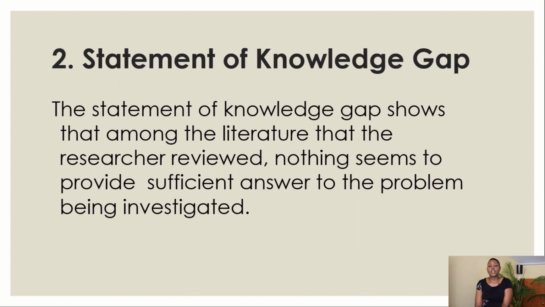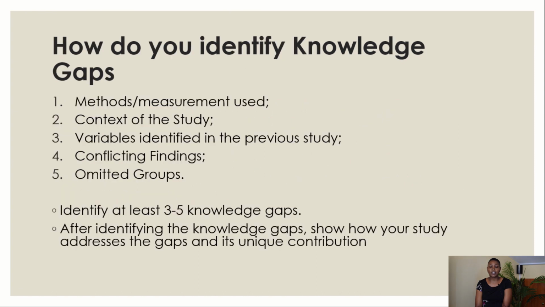Information number 2 that should be in the statement of the problem is the statement of knowledge gap. The statement of knowledge gap shows that among the literature that the researcher has reviewed, nothing seems to provide sufficient answer to the problem being investigated.